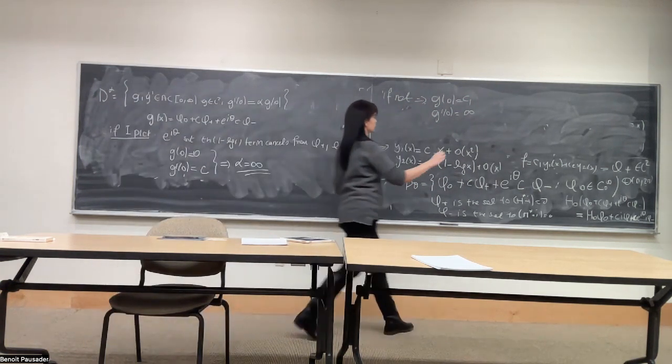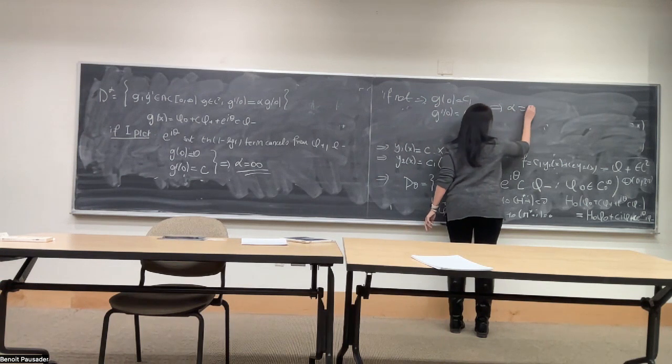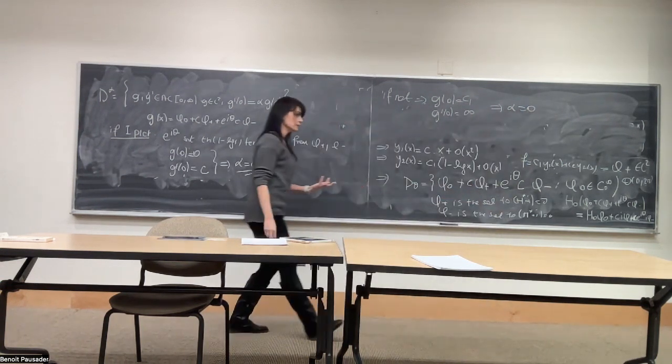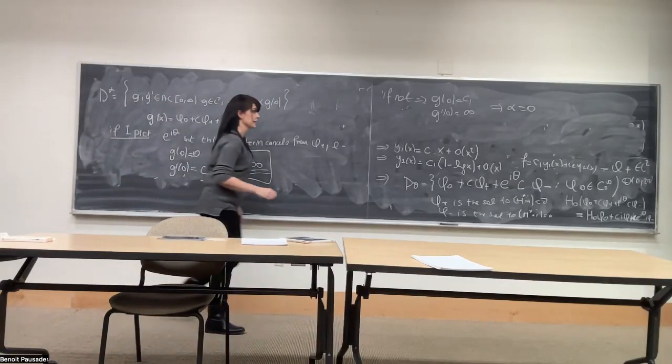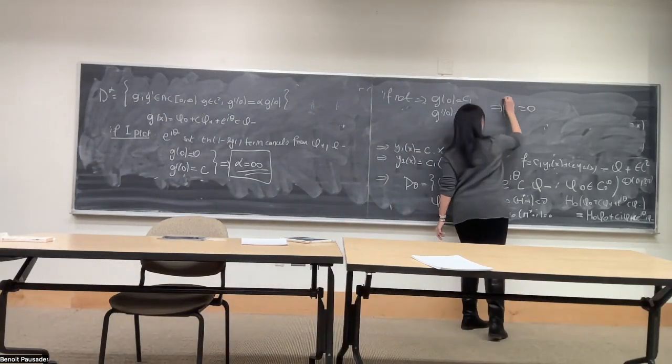And then that's going to correspond to when your alpha is 0. So that's why you have two self-adjoint expansions. One of them is when alpha is equal to infinity, and the other one is alpha equal to 0.